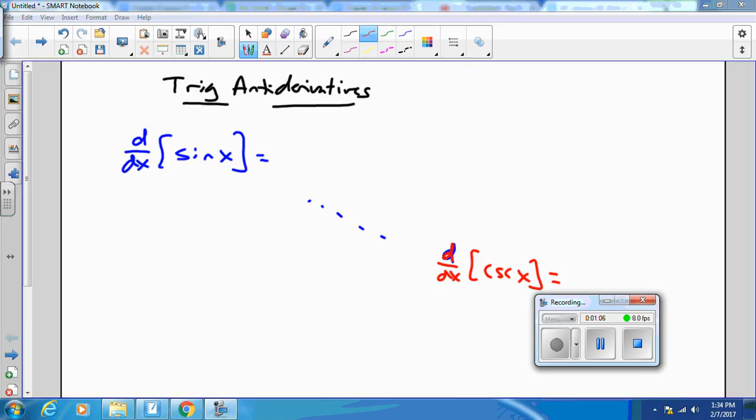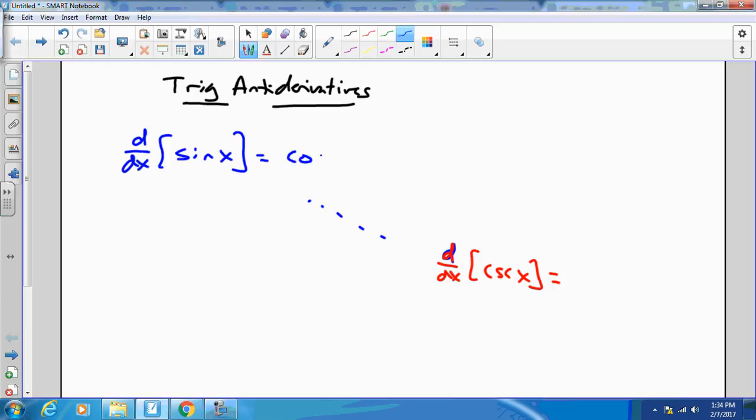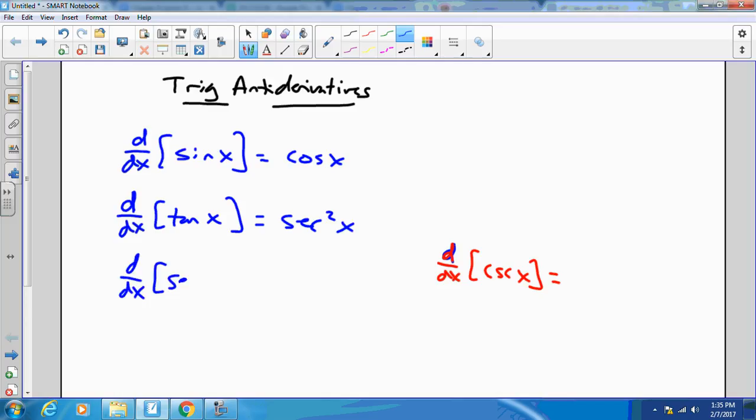Okay, and so you should have these 6. The derivative of sine x is cosine x. The derivative of tangent x is secant squared x. The derivative of secant x is secant x tangent x.